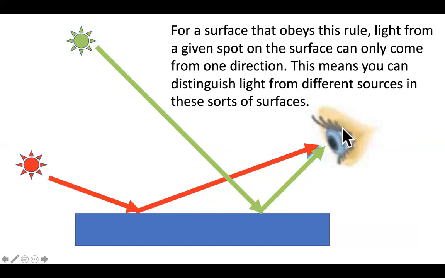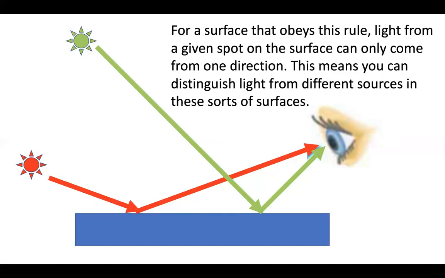If we look at this surface with our eye or any other instrument, if we look down at this point in the mirror, we can see light from the green source. The light comes down at a steep angle, bounces up at a steep angle. If we look further down the mirror, over here, we see the light from the red source. It comes down at a short angle and bounces up at a relatively shallow angle.